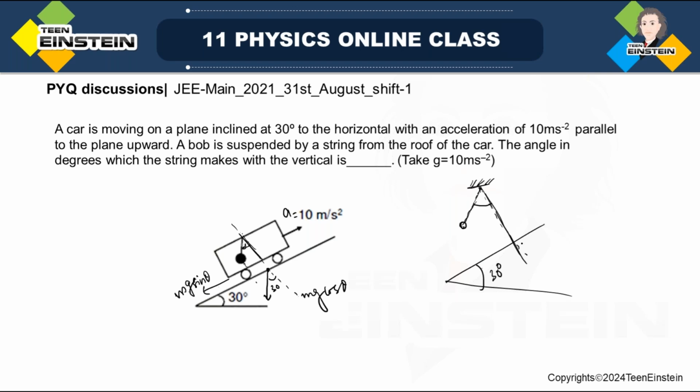Your g will be like this, so this angle will be 30 degree. Suppose this is exactly vertical to this. This angle is 30 degree, but we have to find out this angle, this much.